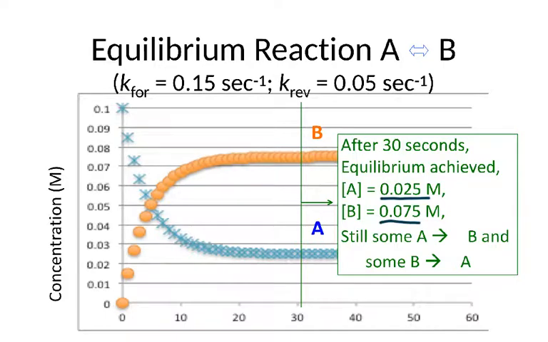But if you look in at the atomic scale, both reactions are still happening. It's just that our concentrations of our reactants and products are steady. So dynamic equilibrium: we still have some reaction going in both directions, but we don't see an overall change in concentration.